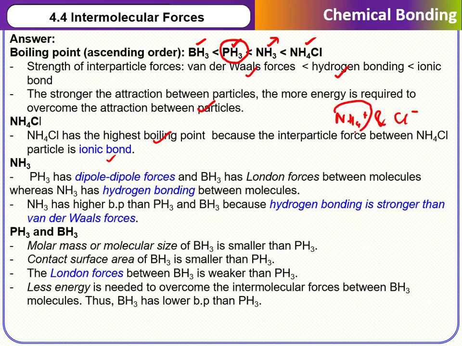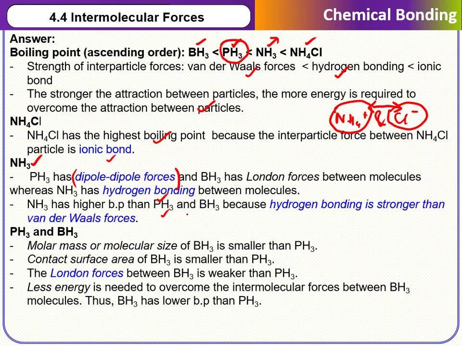So they have a very strong attraction of ionic bond. Therefore, it has the highest boiling point. How about ammonia? Ammonia has hydrogen bonding. We know that hydrogen bonding is stronger than the dipole-dipole forces in PH3. That's why NH3 has a higher boiling point than PH3.